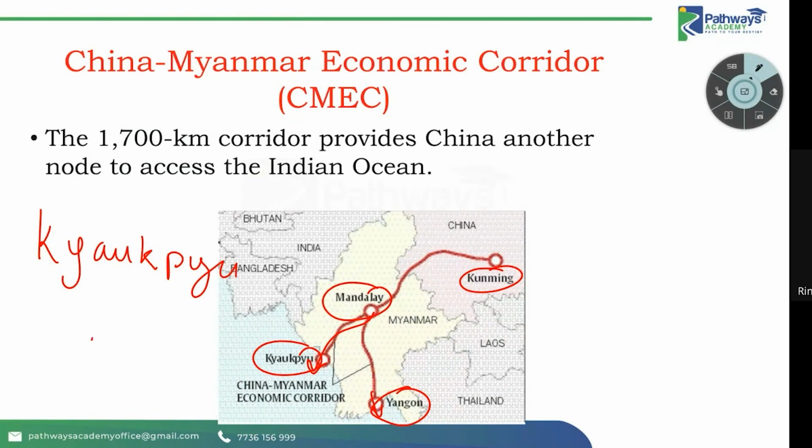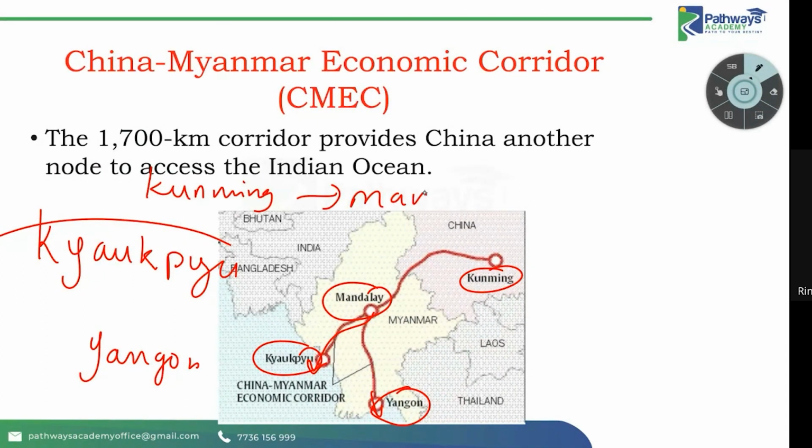First, China will connect Kunming to Mandalay in Myanmar. From Mandalay, it will be connected to two port cities, that is Kyaukphyu and Yangon. This is the China-Myanmar Economic Corridor to counter our BCIM corridor.